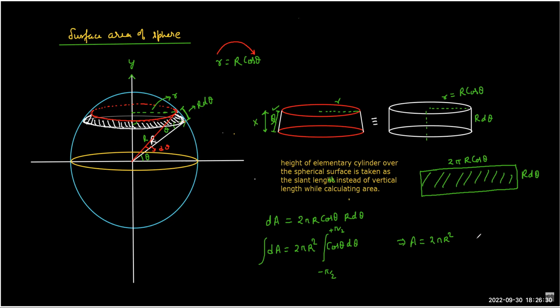And sin θ from minus π by 2 to π by 2 will give you how much? So what you can realize is that the area is 2π r square.